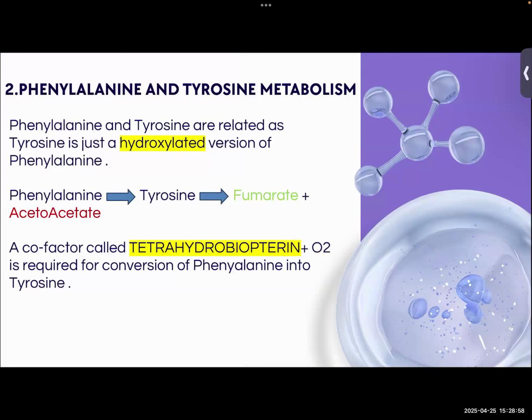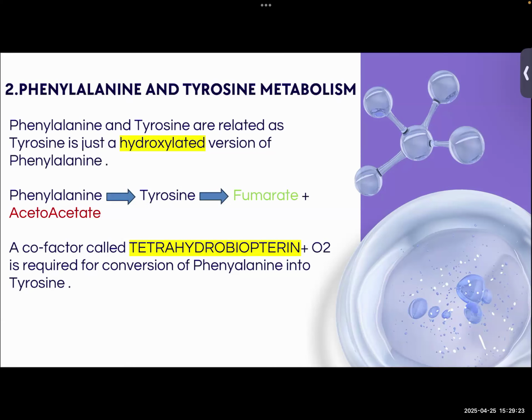Now we're done with the first pathway, only 5 more to go. The second pathway involves phenylalanine and tyrosine only, not 5 like the previous one. Phenylalanine and tyrosine are related to each other because tyrosine is just a hydroxylated version of phenylalanine. So what happens is you have phenylalanine, and then phenylalanine is converted into tyrosine.